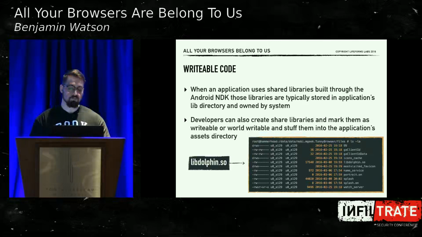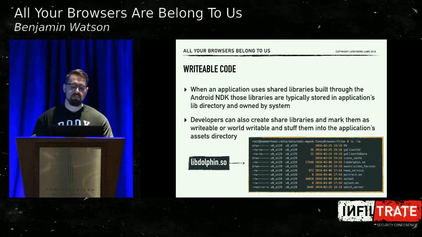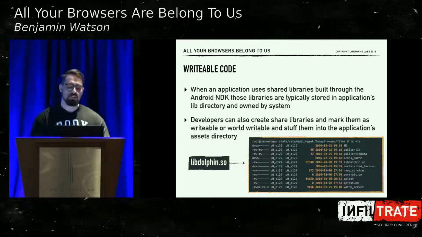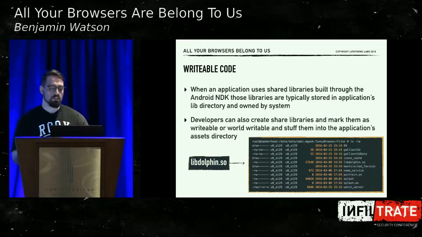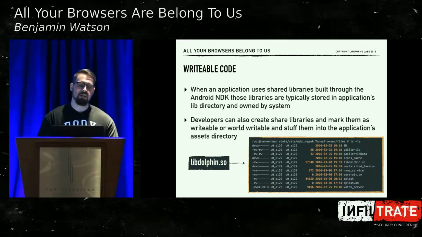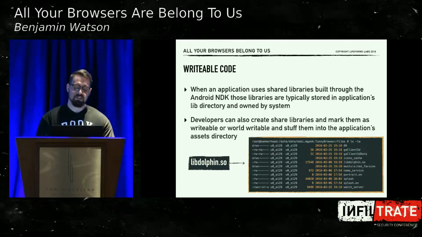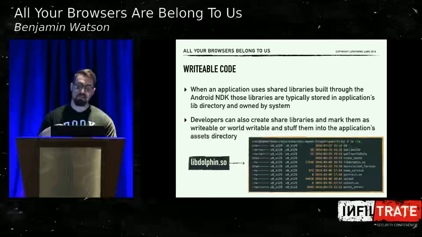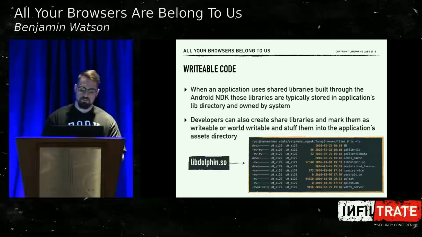They can mark them readable, writable, world readable, world writable, and then stuff them into the application's asset directories, which is the files directory when it's exploded and written to the device. So this is a non-standard way of creating executable code and then putting it into directories that aren't owned by system, that are owned by the browser. And this is what we want. These are the targets that we want for this arbitrary write primitive we can get through parsing of zip archives.